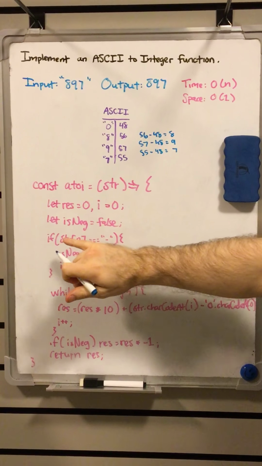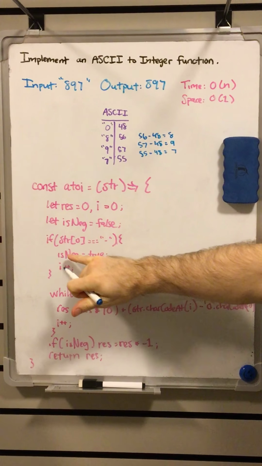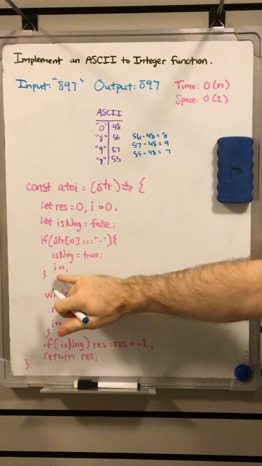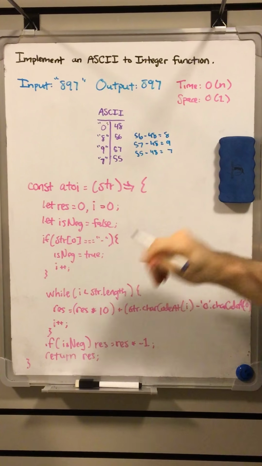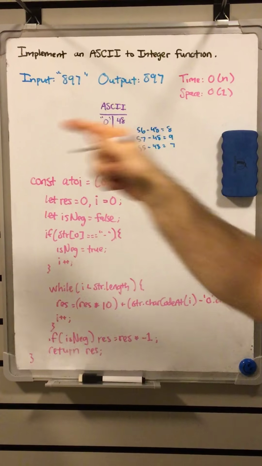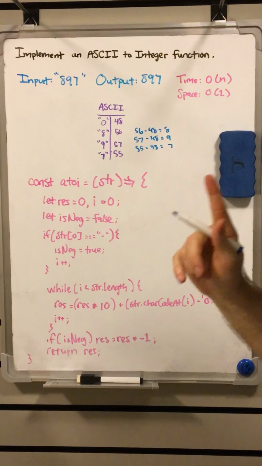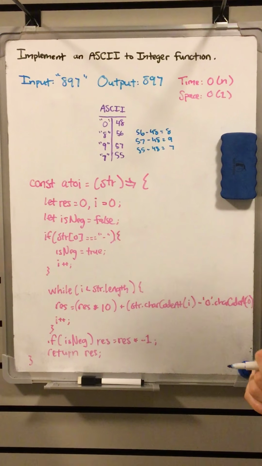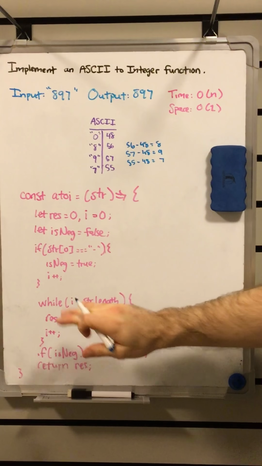We check if the first character is a dash sign, a negative, then we set isNegative to true, and then we increment our i by 1. That way, instead of starting at the dash sign, we start at the first number in our given string. Now that we understand what those variables mean, we go into our while loop.